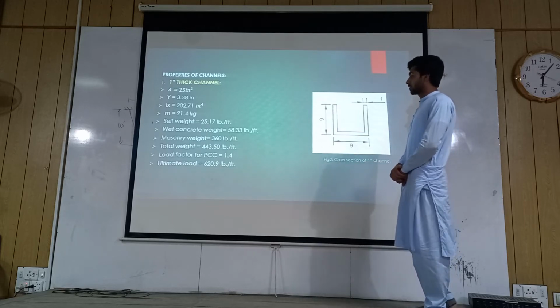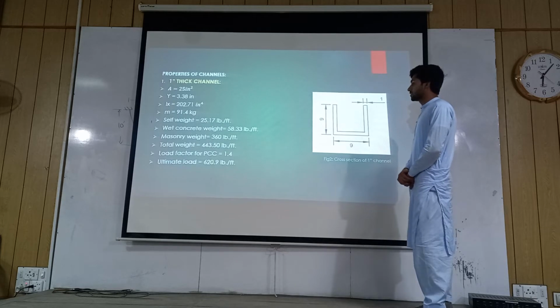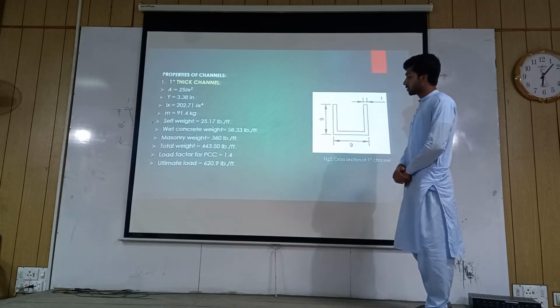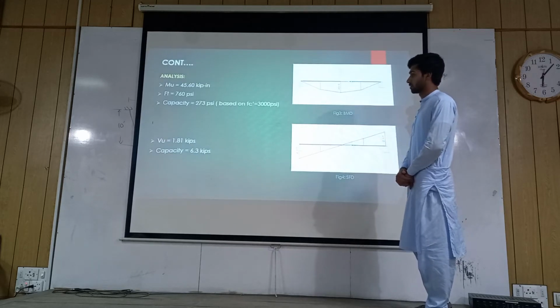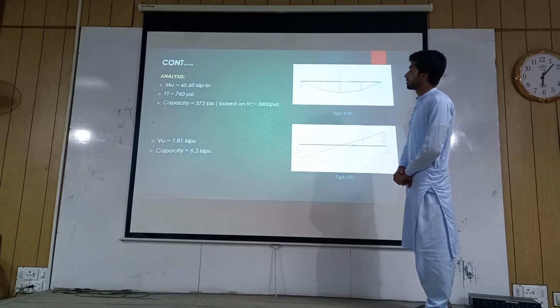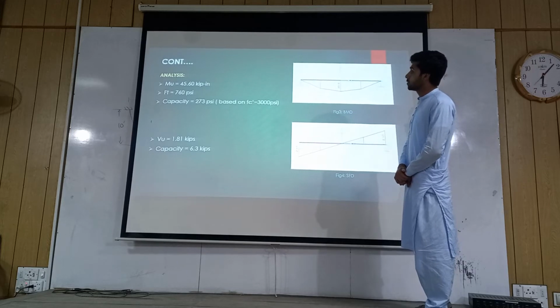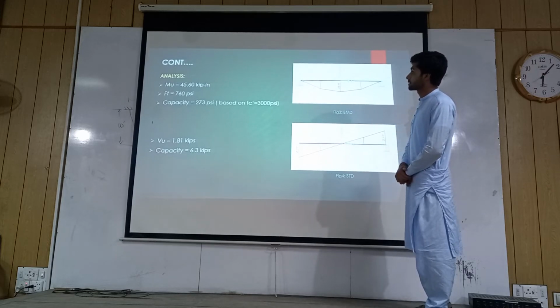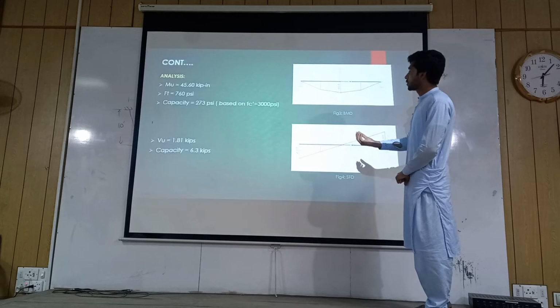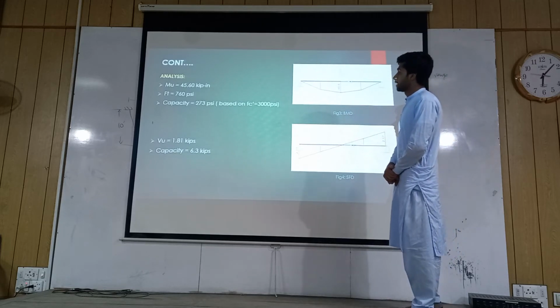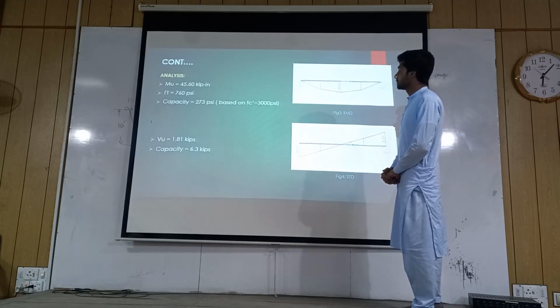The load factor for PCC from the IBC, International Building Code, is 1.4. To get the ultimate load, we multiply the factor with the total weight. So this is the ultimate load. Now from analysis, we analyzed it by SAP and manually as well. The ultimate moment is 45.6 kips-inch, and we calculated the tensile stress in the bottom, which is 760 psi, and also the capacity, which is 273 psi.